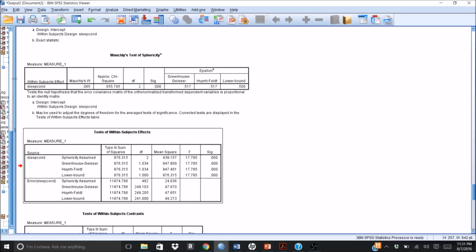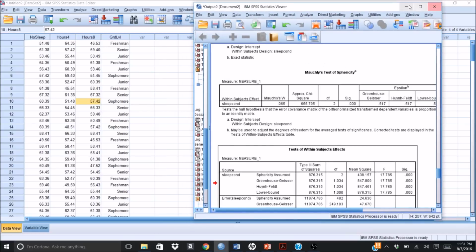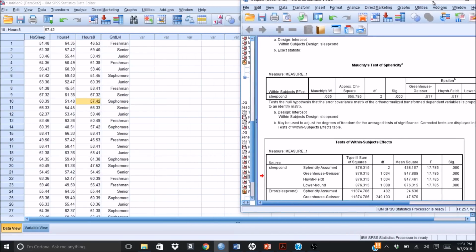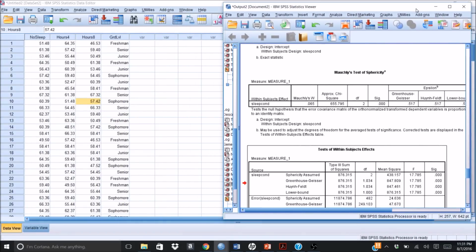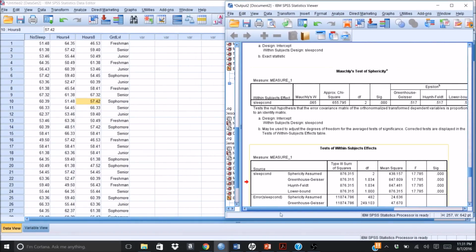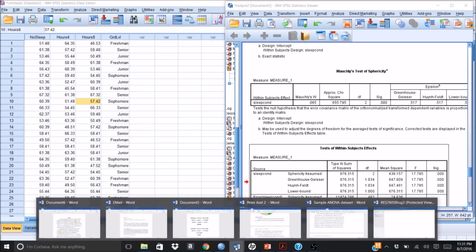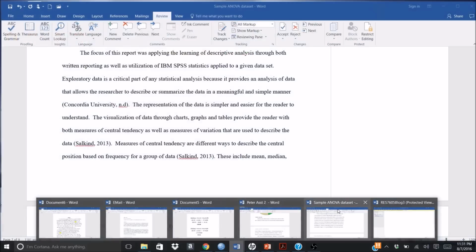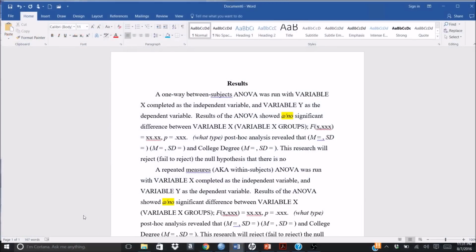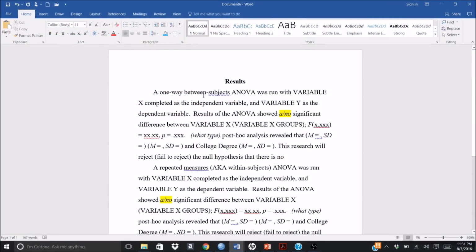I'm just trying to make a little more room here. I need to get about a 60-inch screen, so I have a lot more room. And I kind of cheated and wrote these out ahead of time just so I could save a little bit of your time.